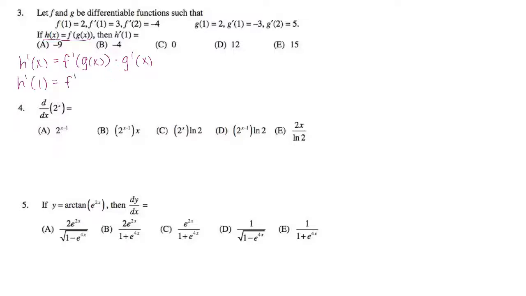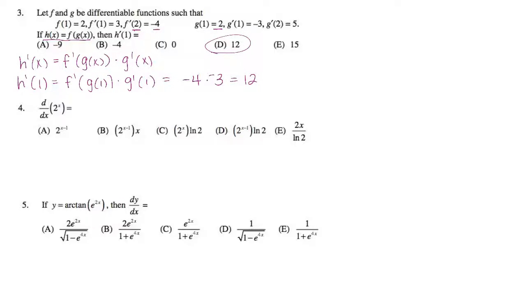So we're going to have f prime of g at 1 times g prime at 1. So g at 1 we see is 2, and f prime at 2 is negative 4. So we have negative 4 times, and g prime at 1 is negative 3. So that product is going to be positive 12.